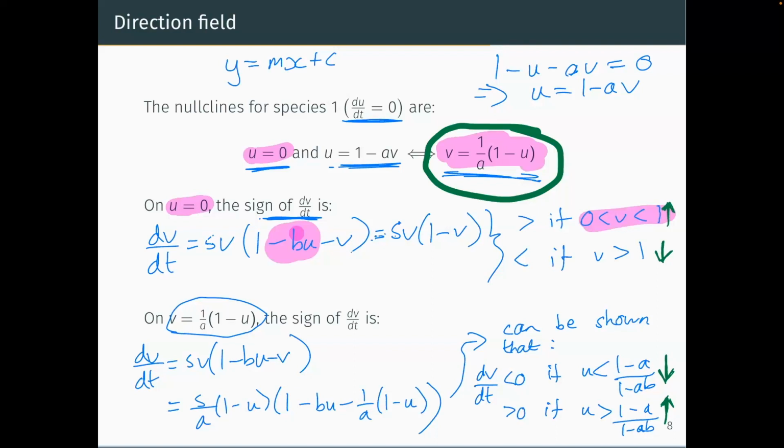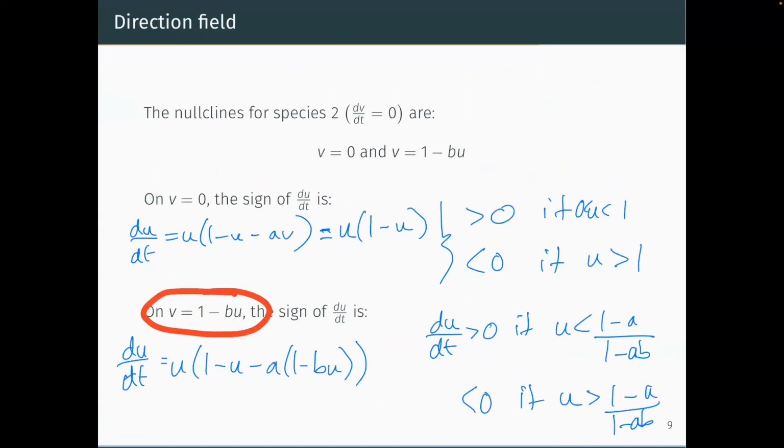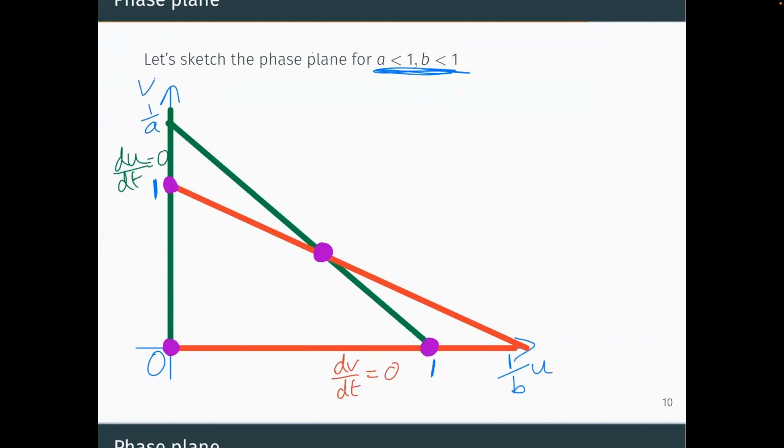And when v is greater than 1, we're going to be moving down. So on my phase plane, I can draw in some arrows. When v is between 0 and 1, on this nullcline where u is equal to 0, I move up. And when v is greater than 1, we move down.